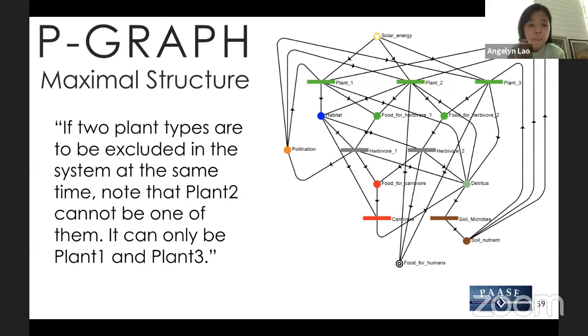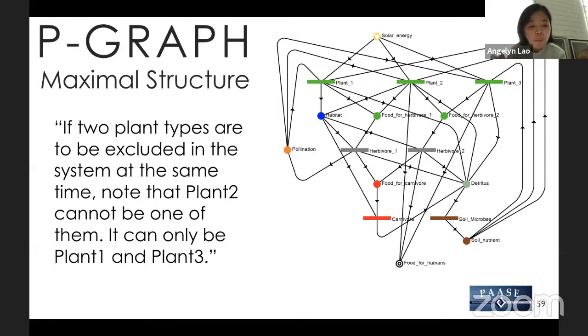It can only be plant 1 and plant 3. So if you look at the illustration on the right side, if we remove plant 2 and plant 3 at the same time, this will directly affect the food provided for humans, okay? Because these are all interconnected to the terminal ecosystem service, which is the food for humans.